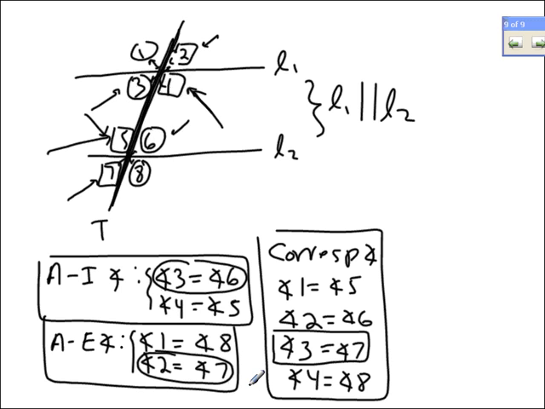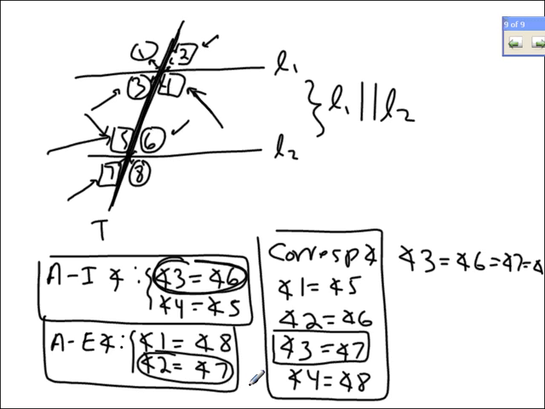But 3 happens also to be 6, and 7 also happens to be 2. That is, angle 3 is equal to angle 6, which equals angle 7, which equals angle 2.